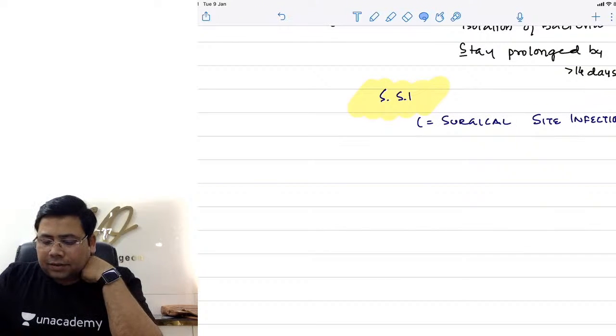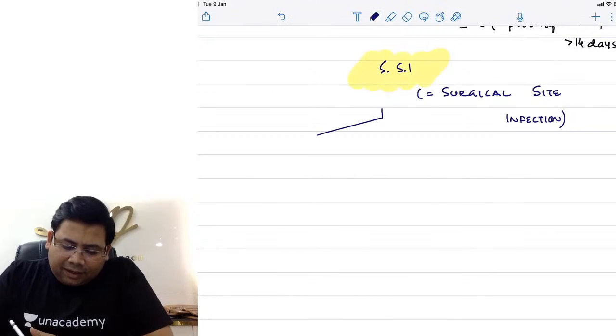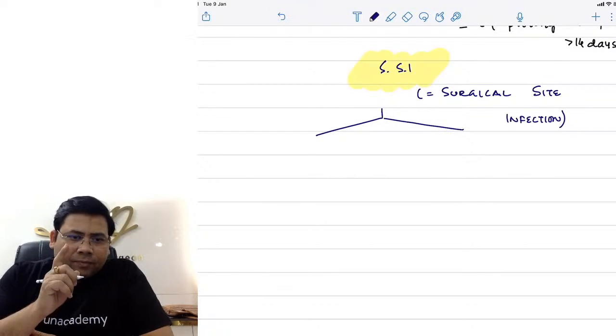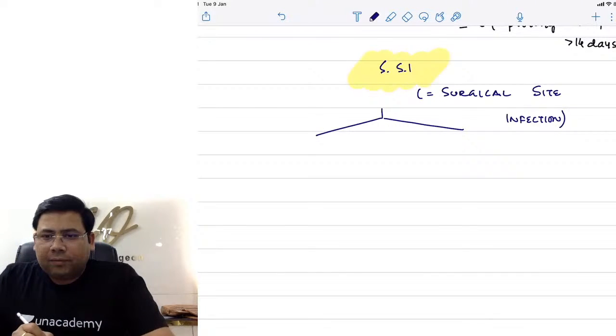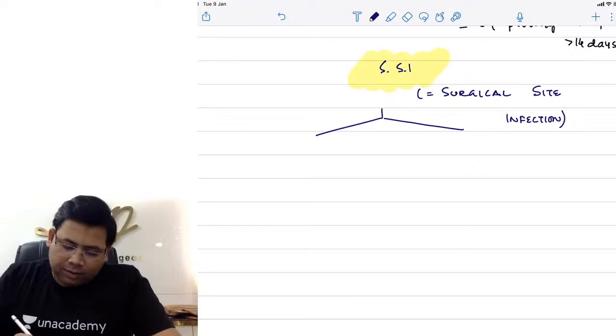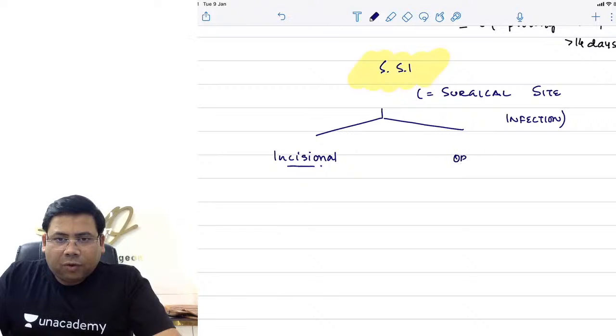SSI can occur along the incision or along the organ where you have operated. So it can be incisional SSI, or it can be organ SSI.